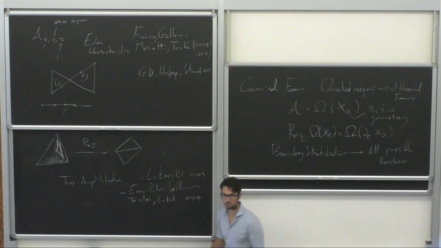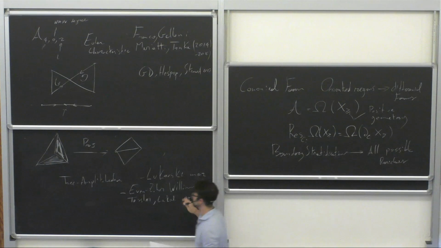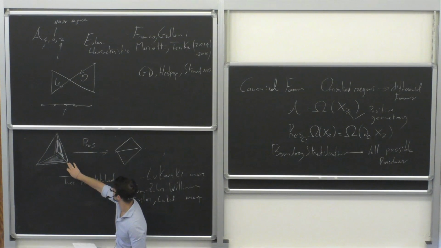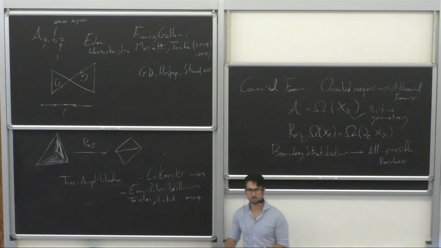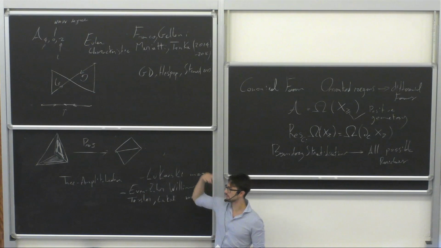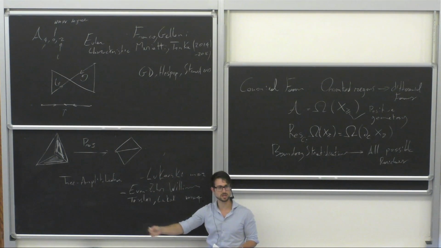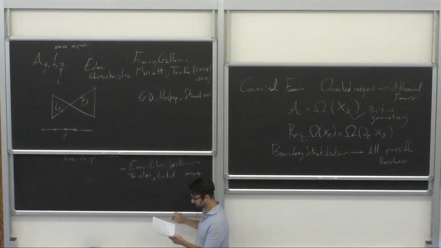And this series of work is extremely recent. It's like the last 2 years, where they proved that indeed you can use the boundary structure of the positive Grassmannian to triangulate the amplituhedron. And they also give us a lot of information about how to use the boundary stratification of the positive Grassmannian to study the boundary stratification of the tree amplituhedron.